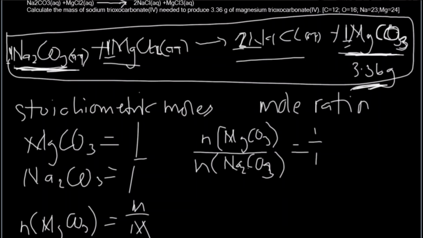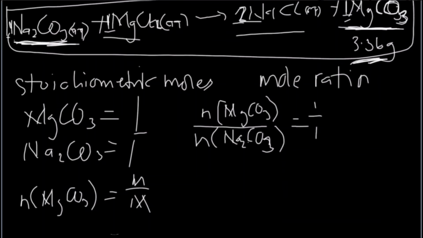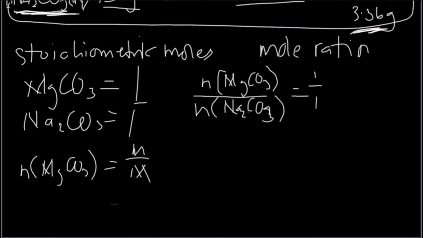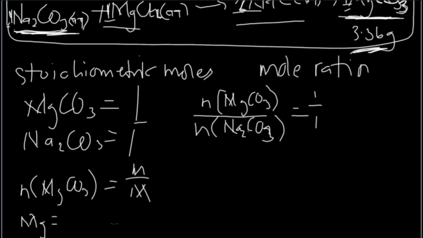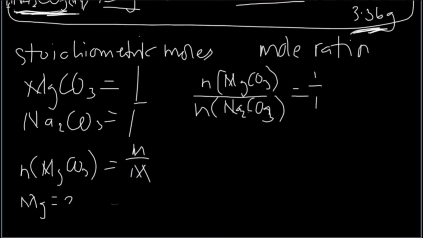Mg equal to 24, but we have only one Mg, so times 1. C equal to 12. We have only one C, so it's 12.